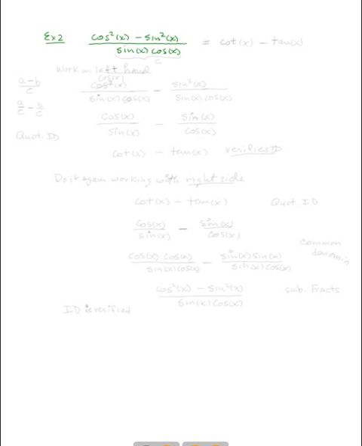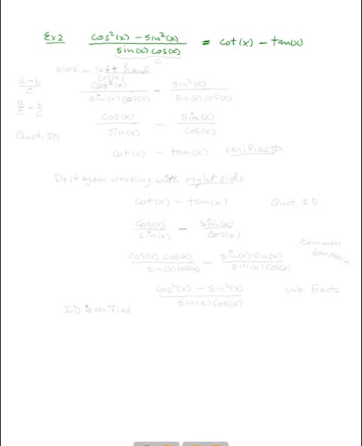So that's one big fraction on the right-hand side of the identity. And on the other side, we have cotangent of x minus the tangent of x. Okay? Now, we need to try to verify this identity.